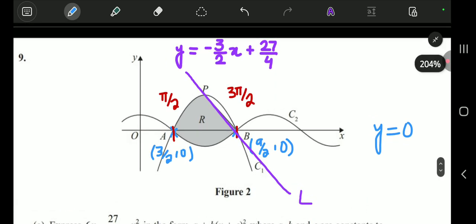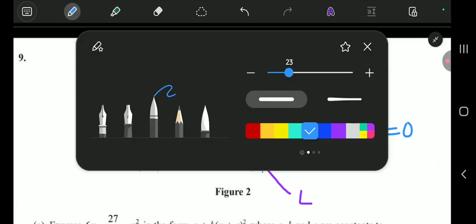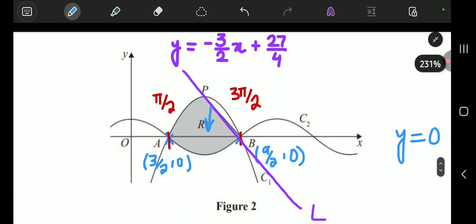For the region R, where we are supposed to go, we need to go below the line, so the y values are decreasing. So for this equation, y should be less than or equal to minus 3 over 2x plus 27 over 4, because we need to go below the line to get to the region.